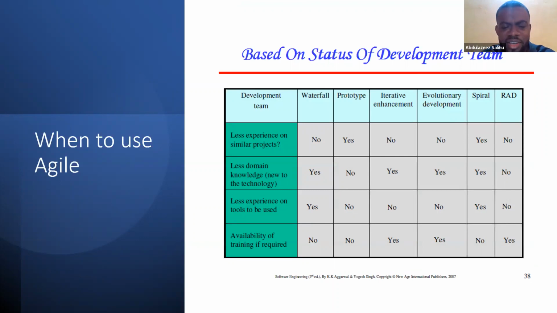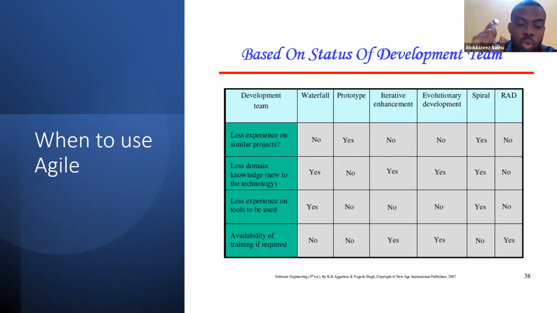The next major criteria when selecting requirements, products or projects, whatever you call it, to be used for your pilot run, is to look at the status of your development team. When you have a development team that is less experienced on the project, please do not use waterfall, because instead of an incremental delivery, maybe in your first iteration you invite people to see it and they say, okay, no, this is not what we want.